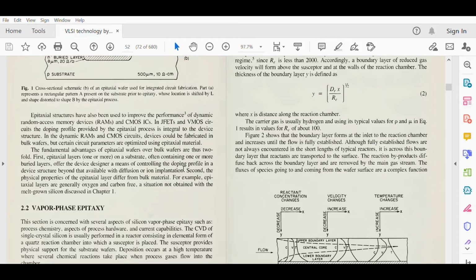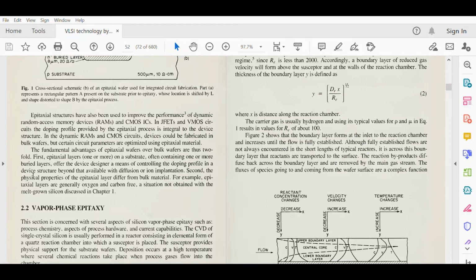If I take the epitaxial layer, then I have full control to select how much doping I need to perform in order to manufacture my type of IC, or whatever I desire from that particular IC. This is not possible in the case of diffusion or ion implantation. So epitaxial growth provides you that flexibility.